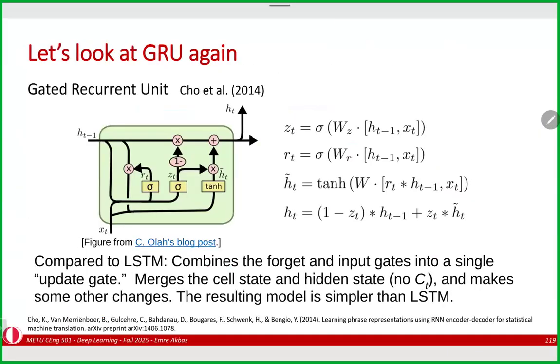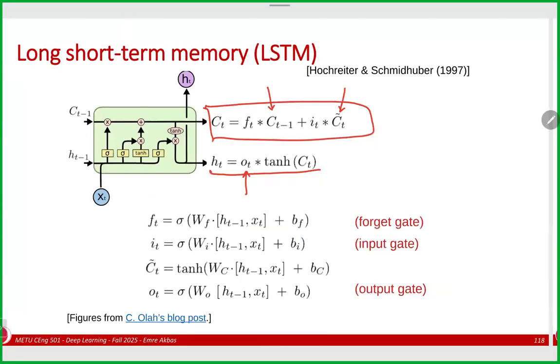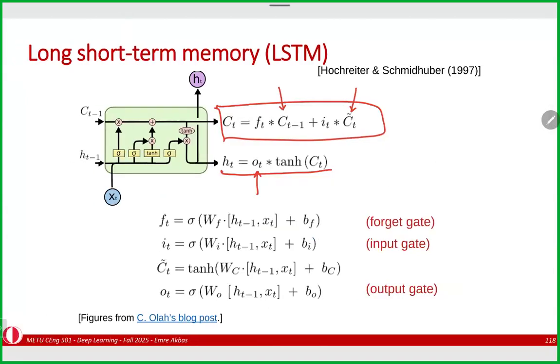Let's look at GRU again. I talked about this, but now, since you know LSTM, you can compare GRU and LSTM. GRU is much more simplified because it combines the forget and input gates into a single update gate. In LSTMs, there's a forget gate and an input gate, and they are not related to each other, one is not one minus the other.